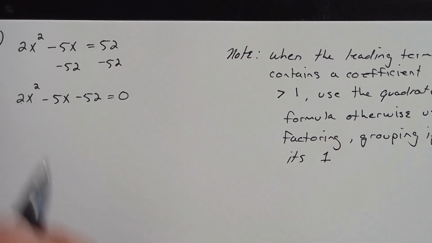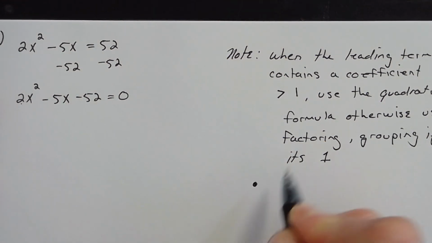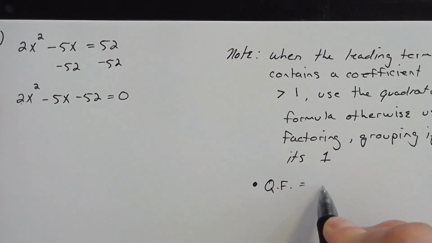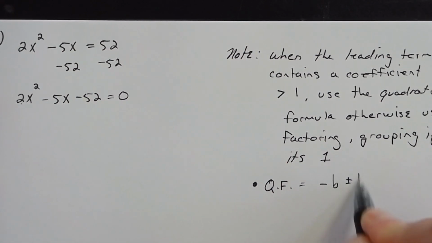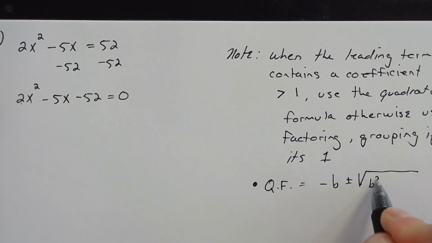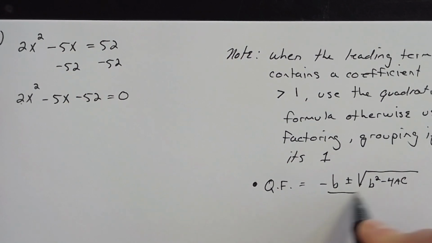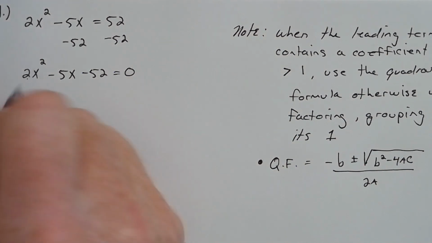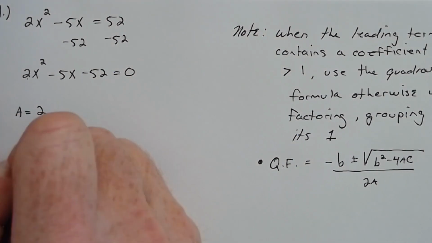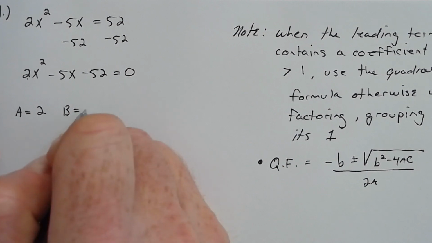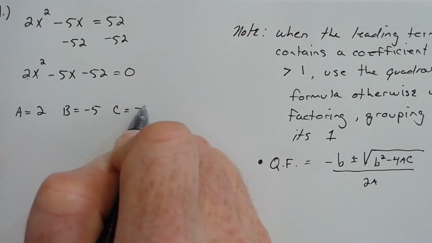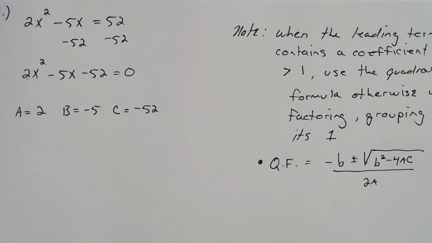So we know that the quadratic formula is... and so what's our A? 2. And C is negative 52.